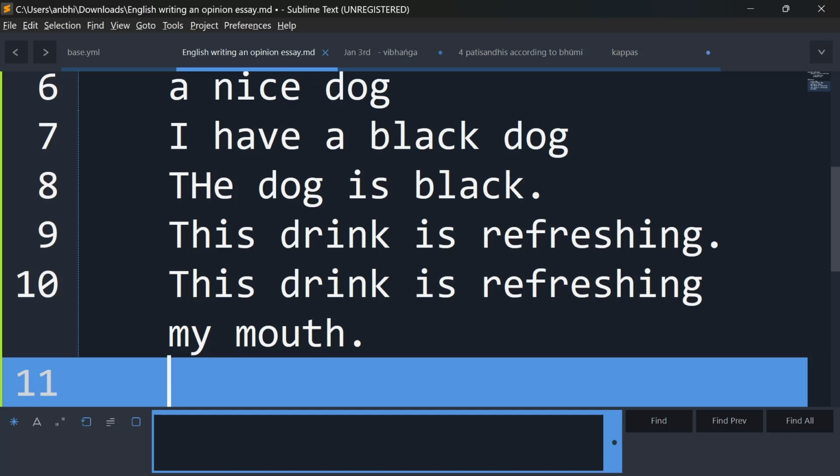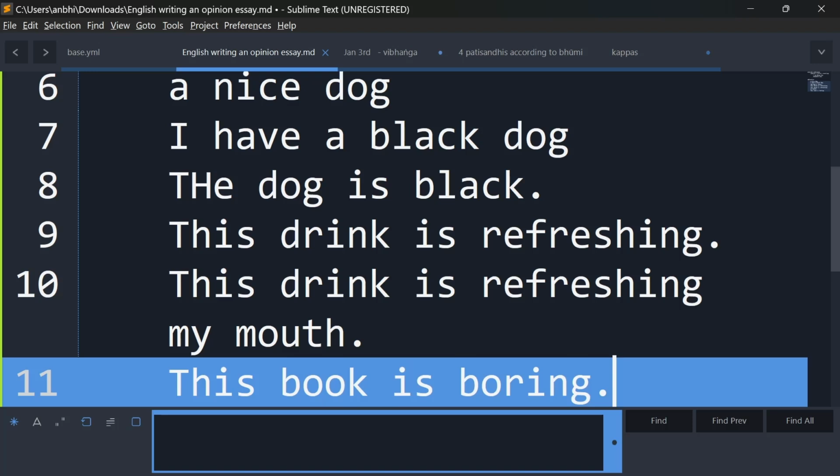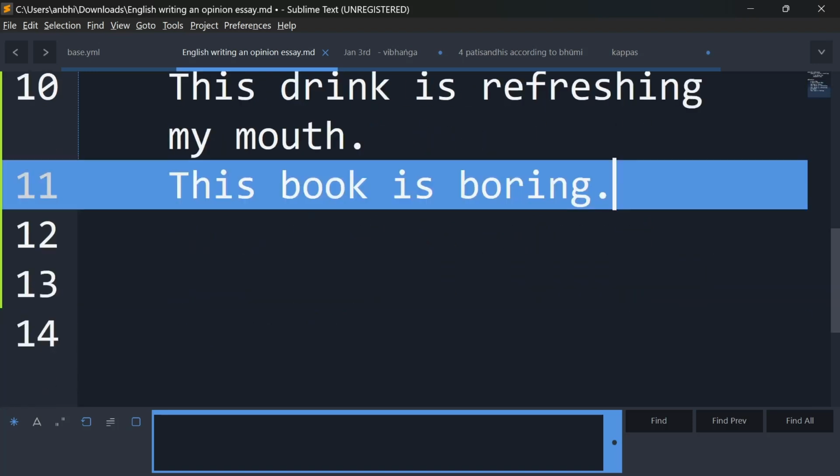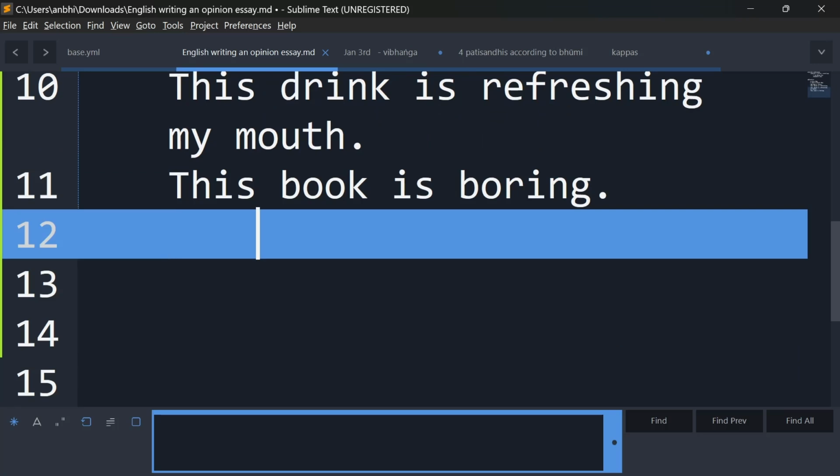Can you give me another example with an adjective with ing? This book is boring. Yes. Remember, boring is an adjective. Bored is also an adjective. I am bored.